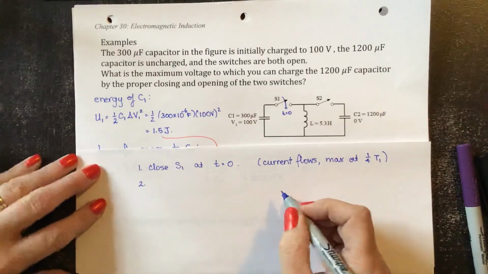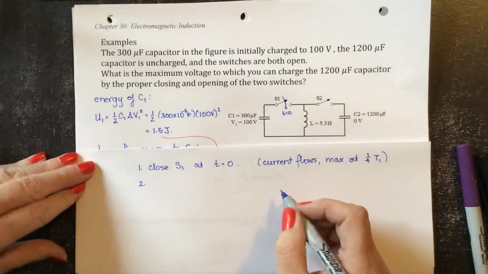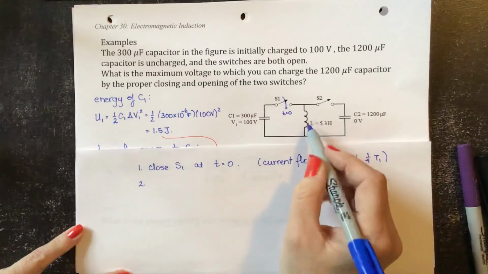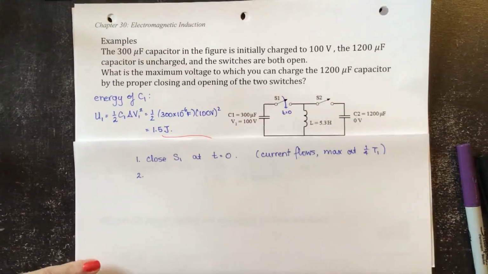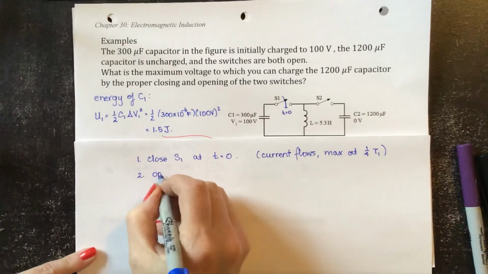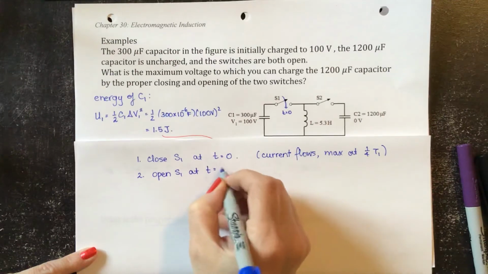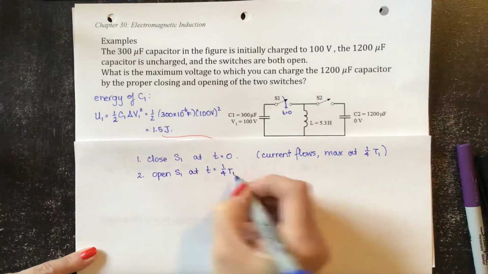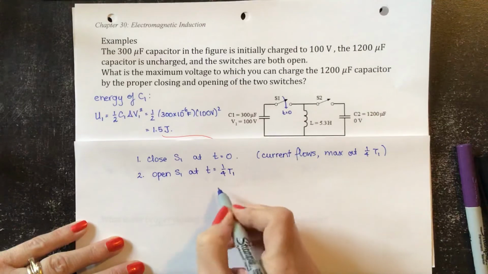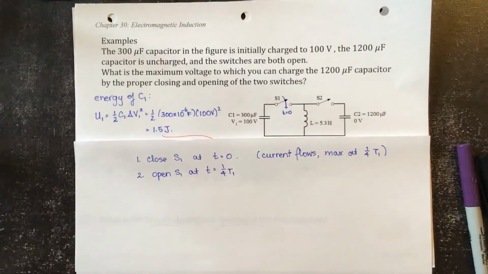Then what we do is we're going to open switch S1 back up at a quarter T1 because the current is a maximum. So open S1 at t equals 1/4 T1. We can find that value.